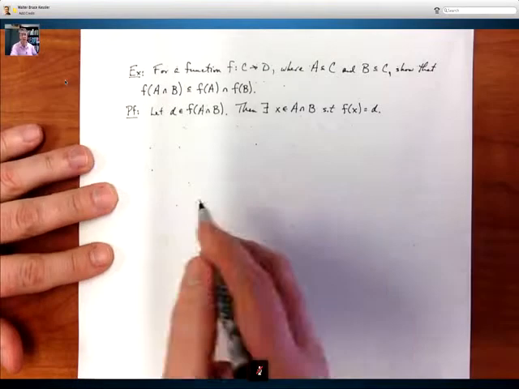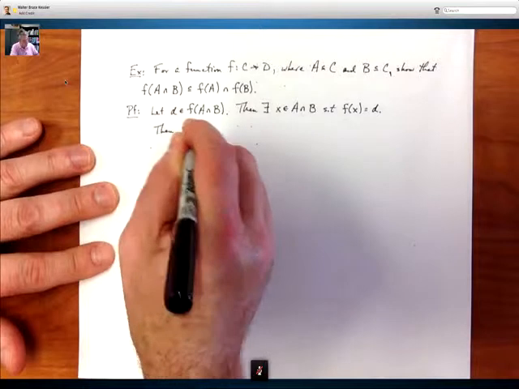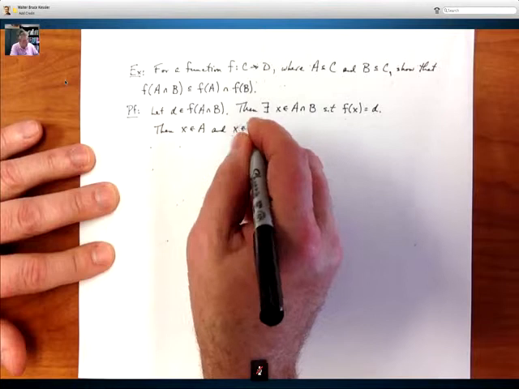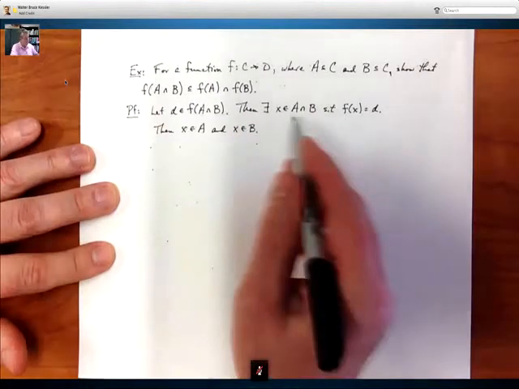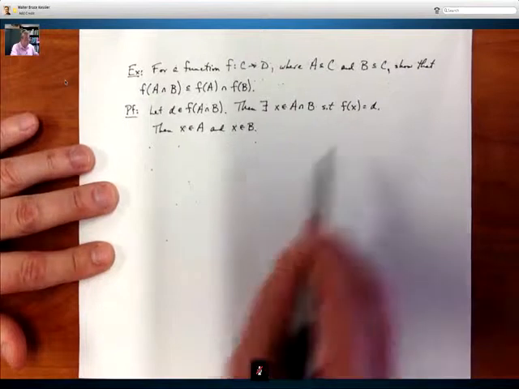Now see if this looks familiar to you. This x is in both A and B, so x is an element of A, and x is an element of B. It's because it's in the intersection.